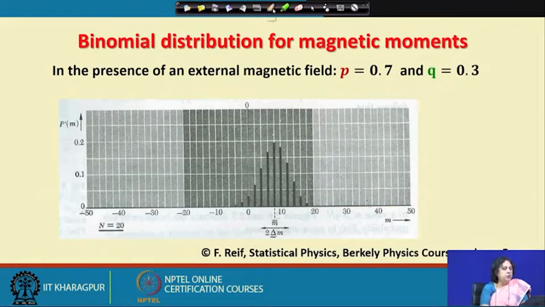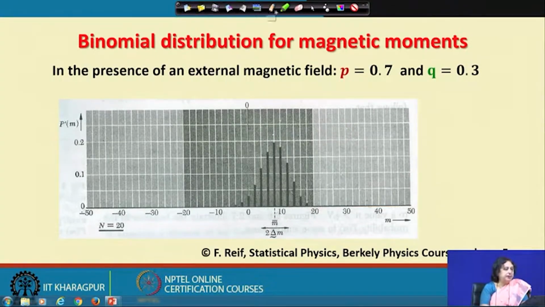And once again we find that I have an asymmetric distribution of values of m with one point, that is the maximum, and once again the maximum is associated with some average magnetic moment m bar, and I find that this m bar value is flanked on both sides by nearly equally probable states corresponding to this m equal to 10 or some other values.